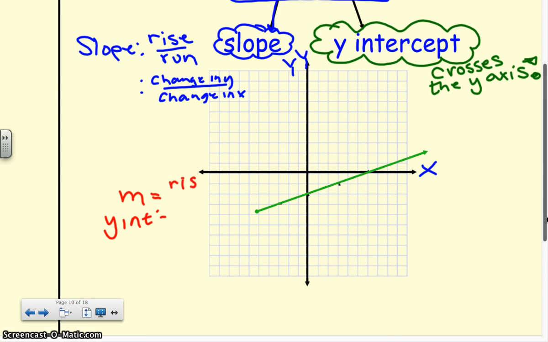So m is rise over run. And it looks here, I'm just going to go ahead and pick the y-intercept. I started there and it looks like I went up 1, so that would be 1. And then I went over 1, 2, 3. So my slope is 1/3. My y-intercept, let me re-outline it, it looks like it's at -2.